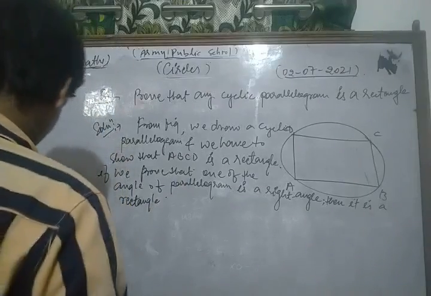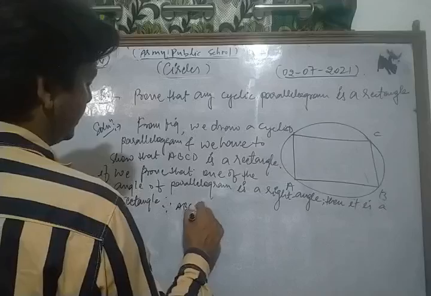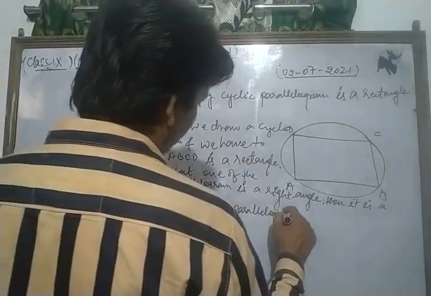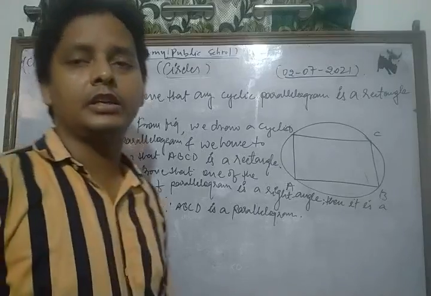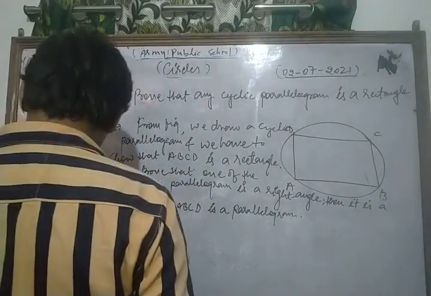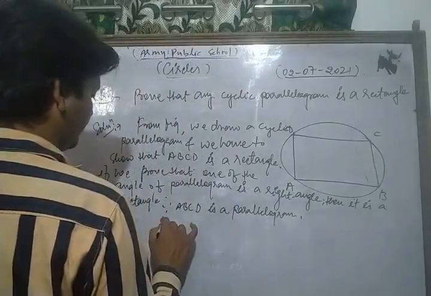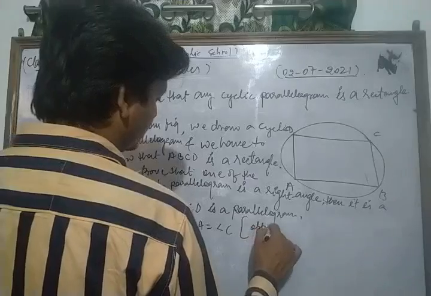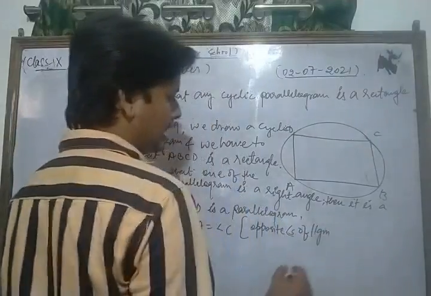Okay, now look, since ABCD is a parallelogram, and in a parallelogram the opposite angles are equal to each other, that is angle A is equal to angle C. These are the opposite angles of a parallelogram and they are equal.